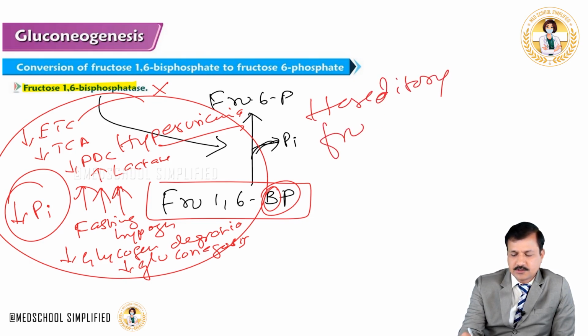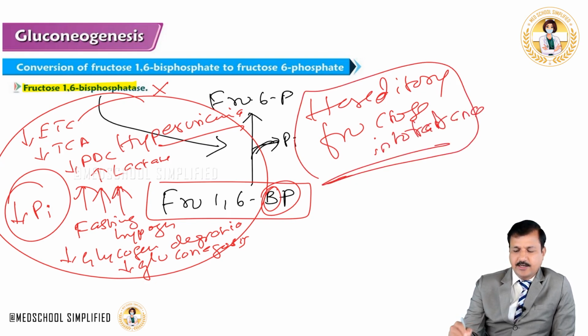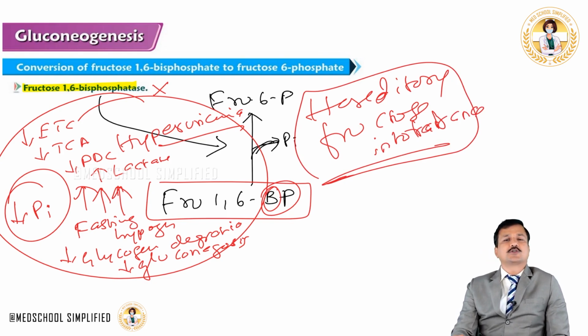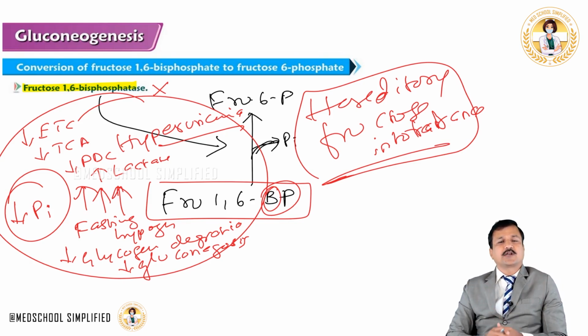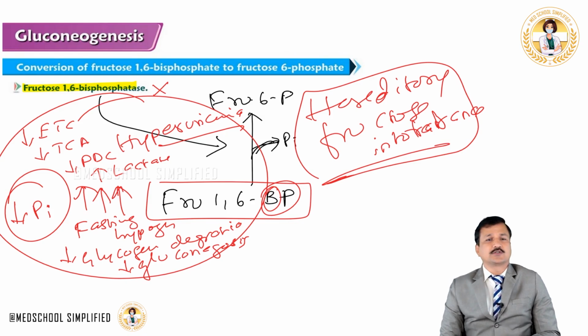Hereditary fructose intolerance. I have already explained hereditary fructose intolerance in the fructose and galactose metabolism, so you may refer to that video to understand all the metabolic effects of hereditary fructose intolerance.